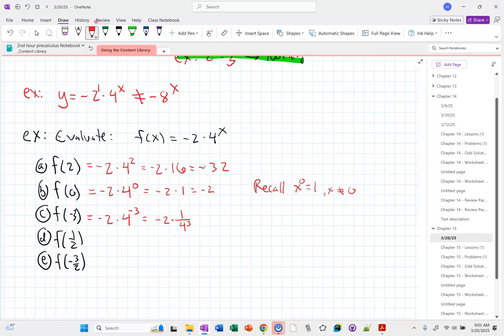So that means 1 over 4 to the positive third. 4 to the third is 64. So if I multiply that through and reduce, I'd have like -1 over 32.